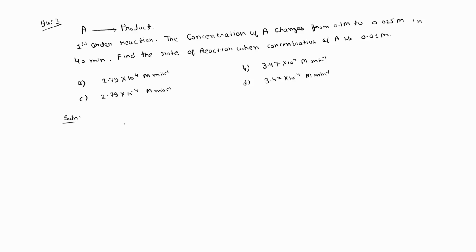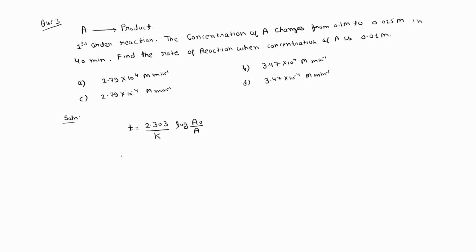So we have to use again the same equation: T is equal to 2.303 divided by K log A naught by A. What data is given? The concentration of A changes from 0.1 molar to 0.025 molar in 40 minutes.